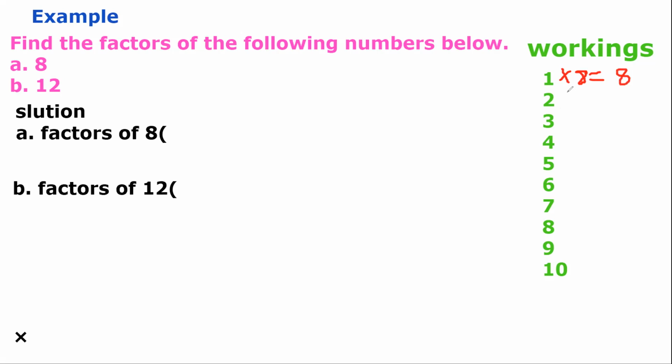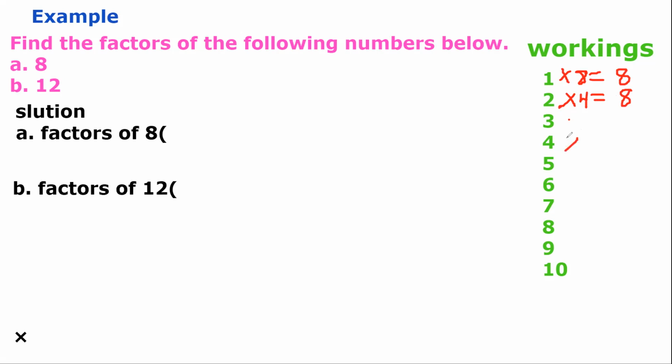Then 2 times 4 can also give me 8. So which means that 1 can divide 8, 2 can also divide 8. 3 times what number? No, there's no 3 times that you get 8.